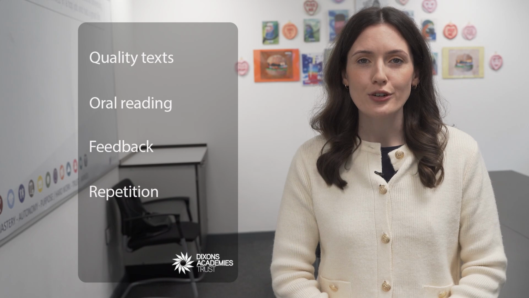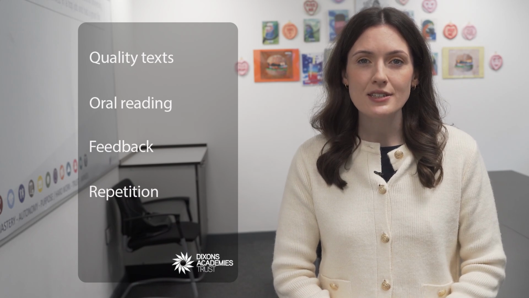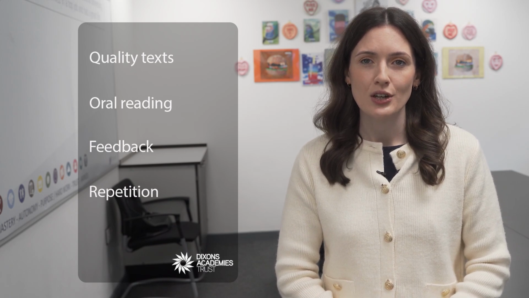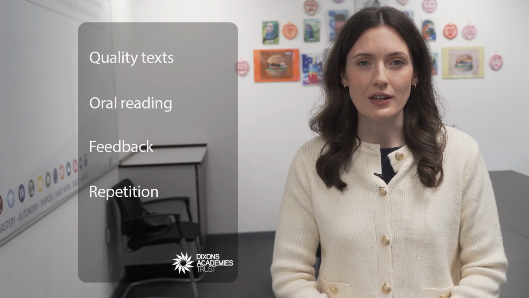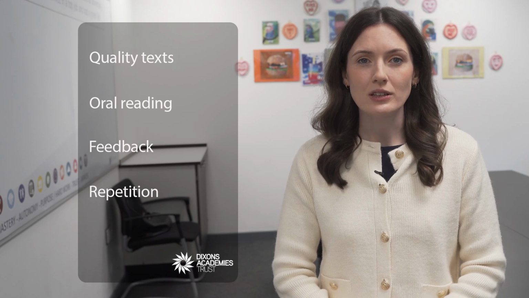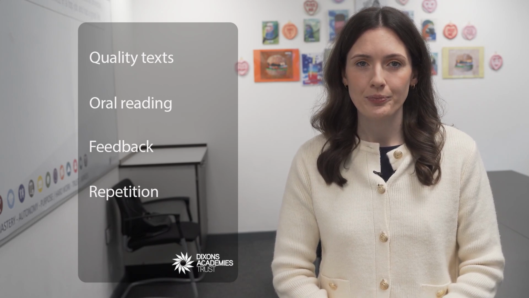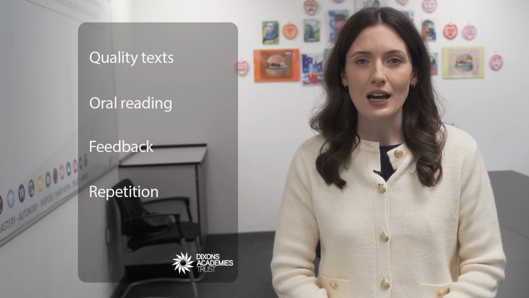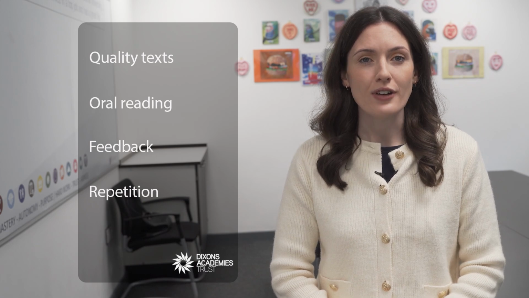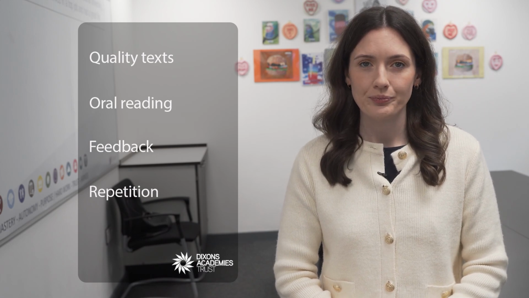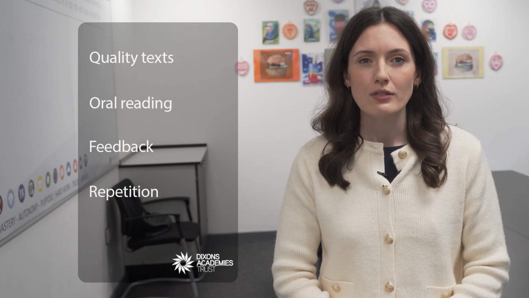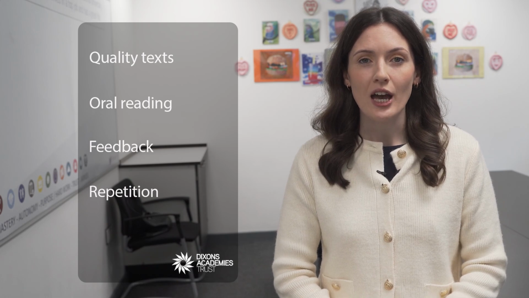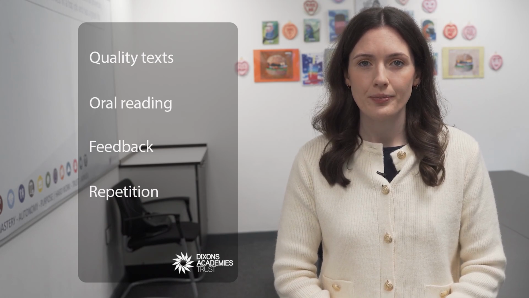Repetition. For fluency to improve, repeated reading is strongly encouraged. We discussed in the previous episode how automaticity is built through repeated decoding. Repeated reading allows students to rehearse, refine, and hone their reading. Over time, repetition increases fluency and boosts comprehension.